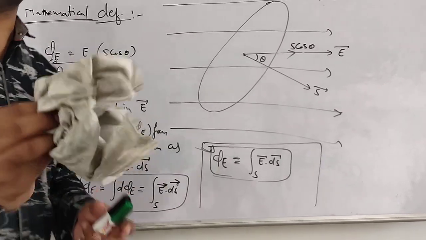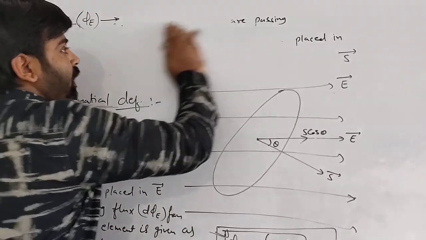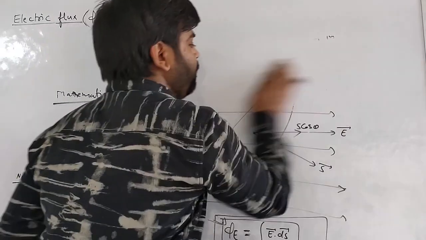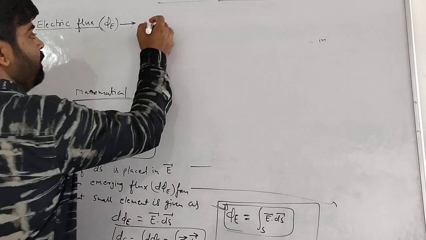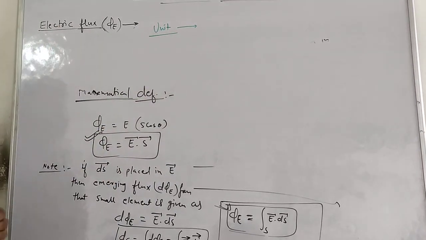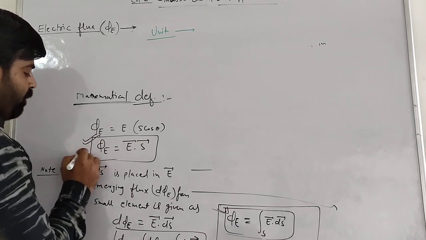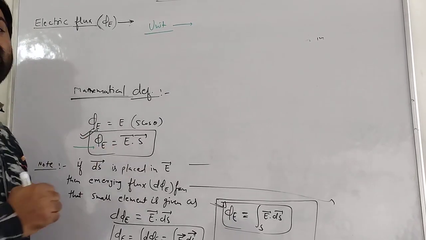Now we discuss the unit and dimension of electric flux. To discuss the unit, as we know, the formula is phi is equal to E dot S, the product of electric field and area vector.